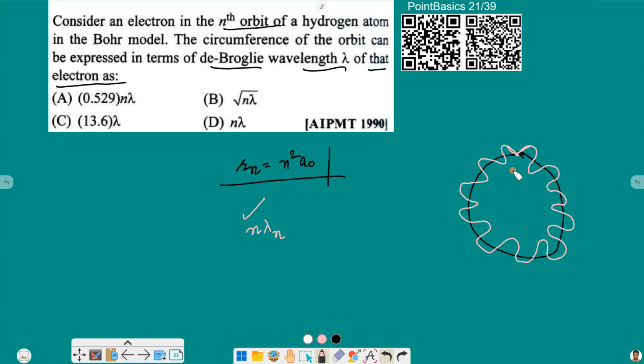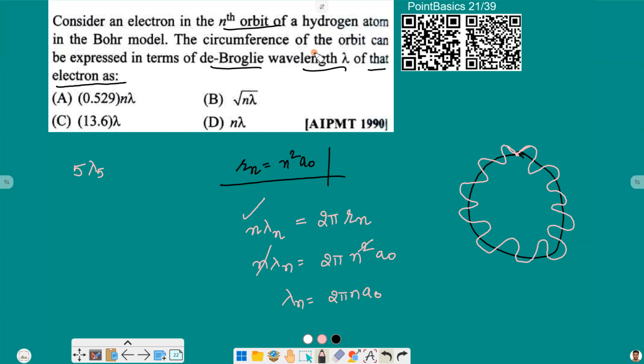Suppose if we are discussing regarding fifth orbit, then we will write that 5 times lambda 5, and this should be equal to the circumference, and that circumference will be equal to 2 pi r n. So that is the basic relation. Now what we can do, we can substitute the values. So n lambda n is equal to 2 pi into n squared into A naught, that n gets cancelled, and from this we have lambda n is equal to 2 pi n times A naught.